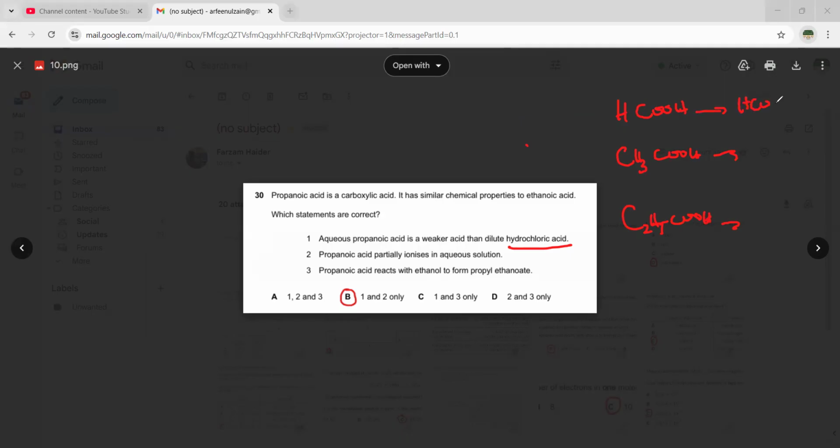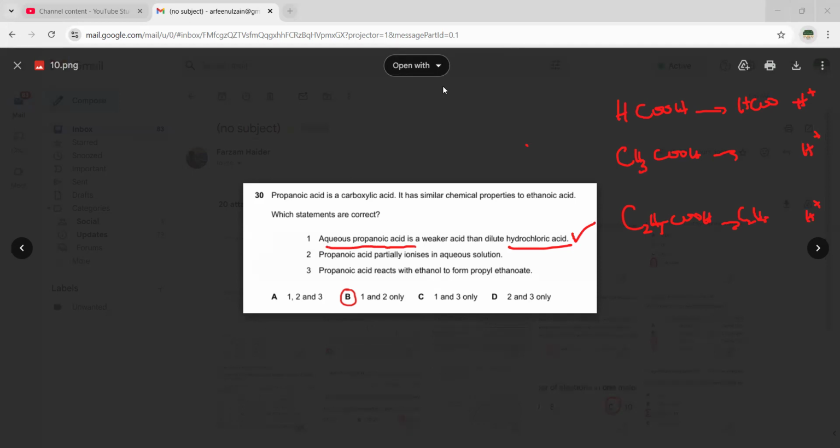When they lose a proton, the hydrogen is lost, but only weak ionization occurs. They are all weak acids, the carboxylic acids. So aqueous propanoic acid is a weaker acid than hydrochloric acid. Yes, this statement is true.